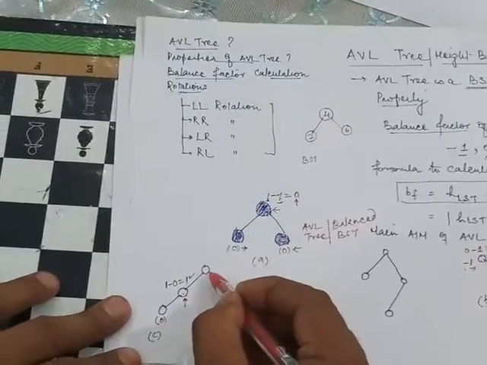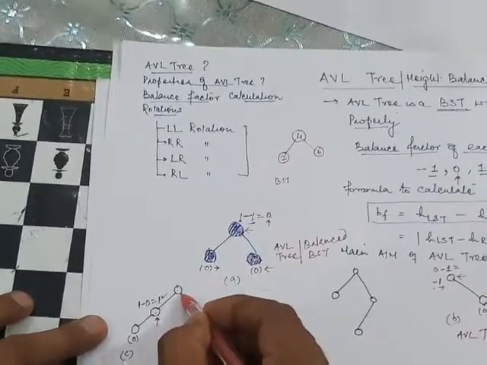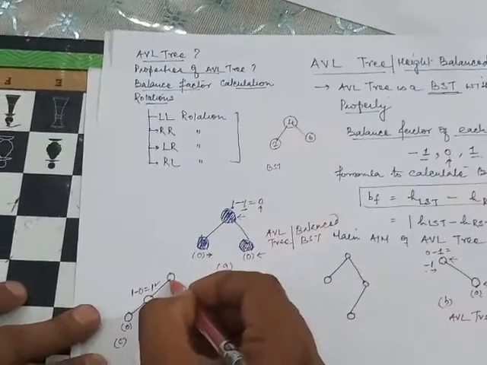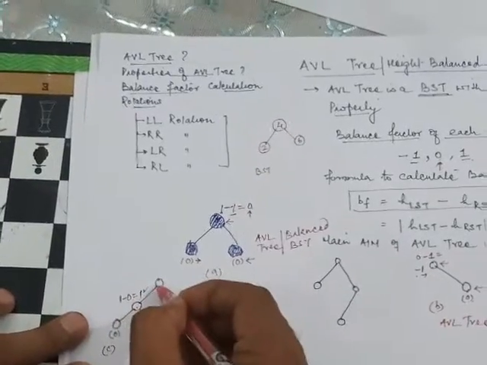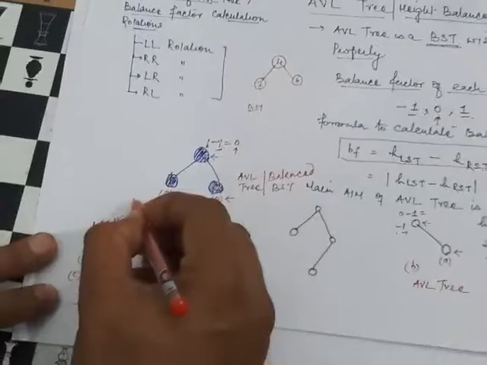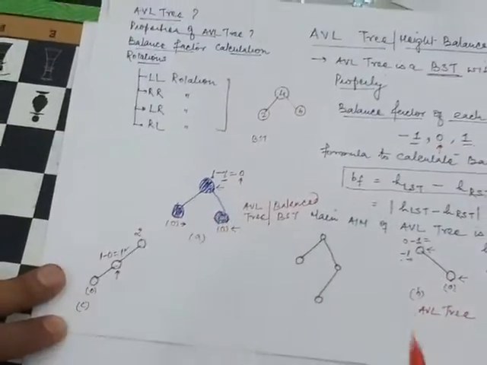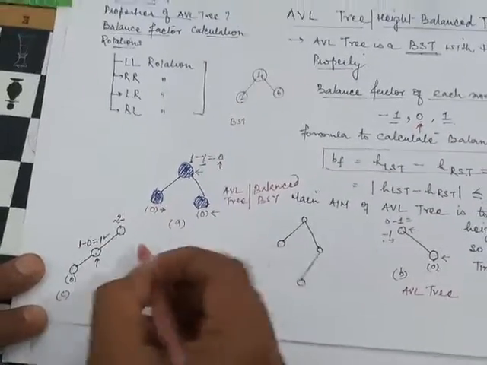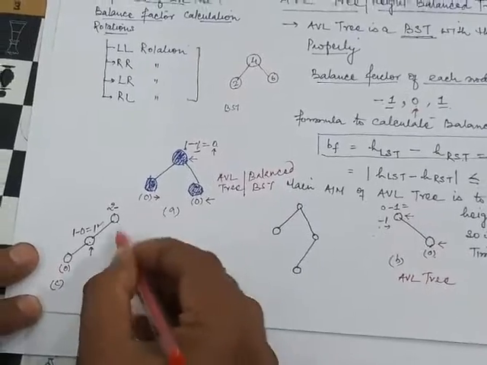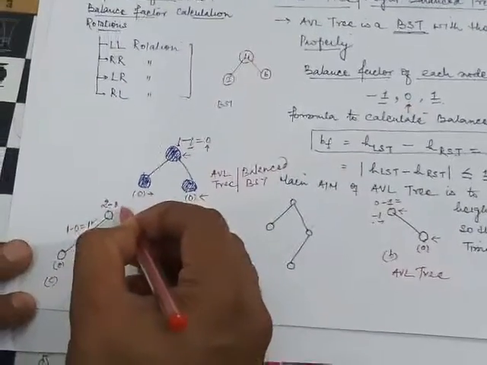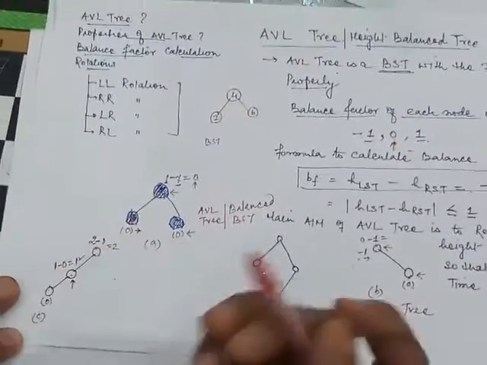Now what is the balance factor of this node? You can see that the height of left subtree is this one. How many nodes? 2. So the height of left subtree is 2, minus how many elements on the right hand side? 0. So 2 minus 0 is equal to 2.